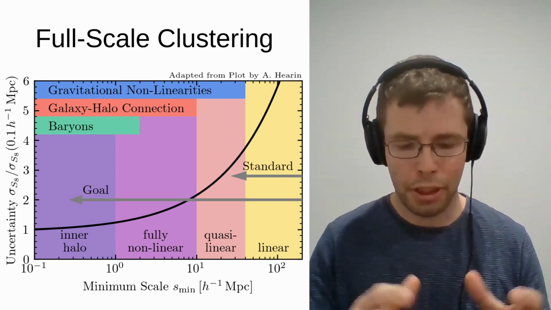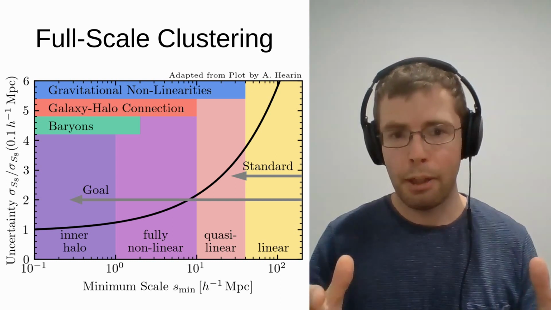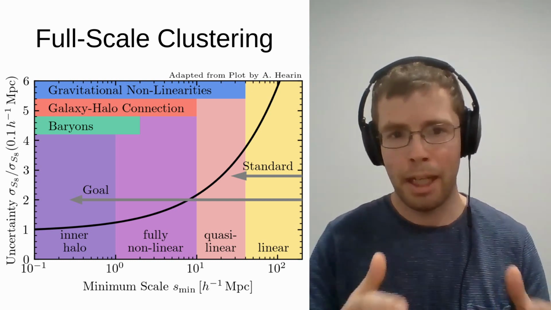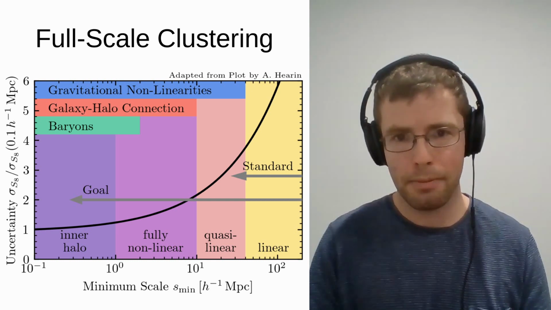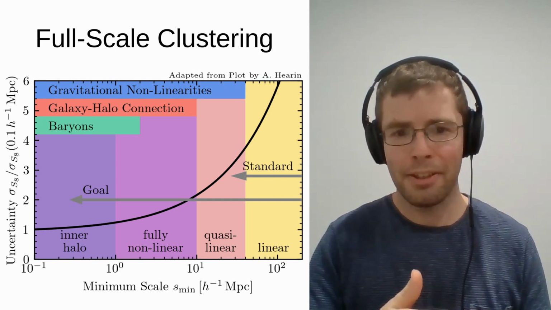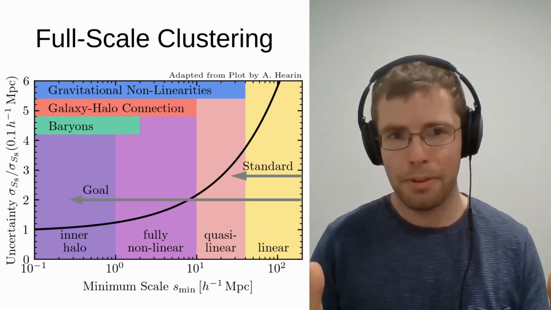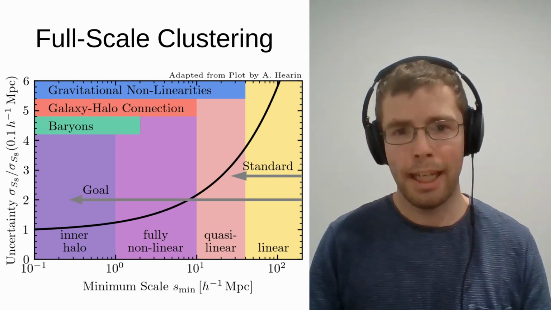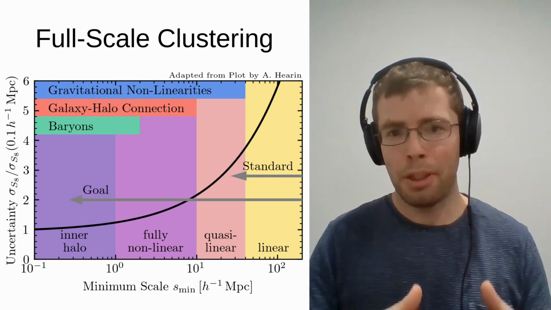So for example, AGNs will launch outflows from the centers of dark matter halos, which will evidently affect the matter distribution on those small scales. So as you can see, if we want to push analysis down to smaller scales and analyze the full range of scales that we can get measurements for with current data, there are these additional challenges we need to overcome.